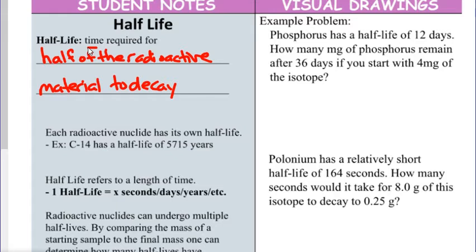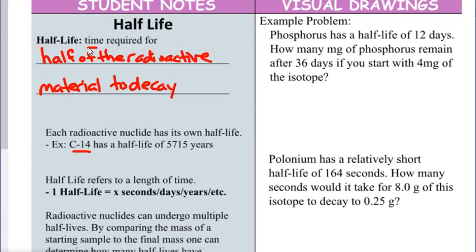You all are filled with radioactive carbon isotopes, carbon-14, and this is the one isotope that a lot of archaeologists and paleontologists will evaluate to determine how old a fossil is, because carbon-14 has a half-life of 5,715 years.